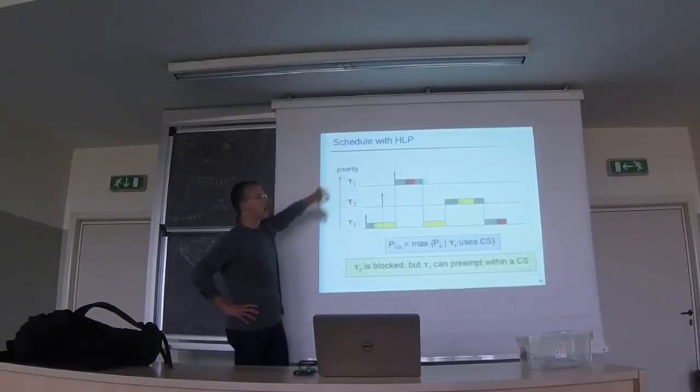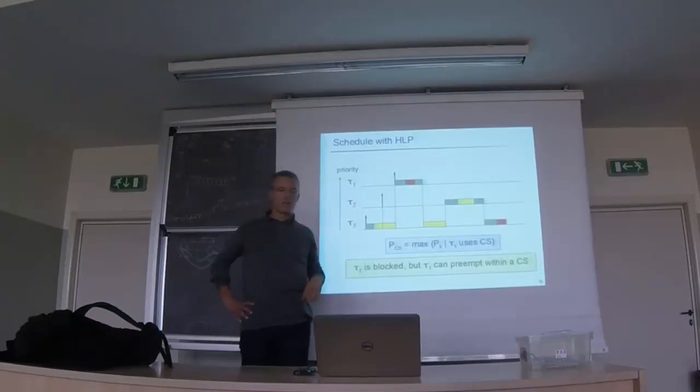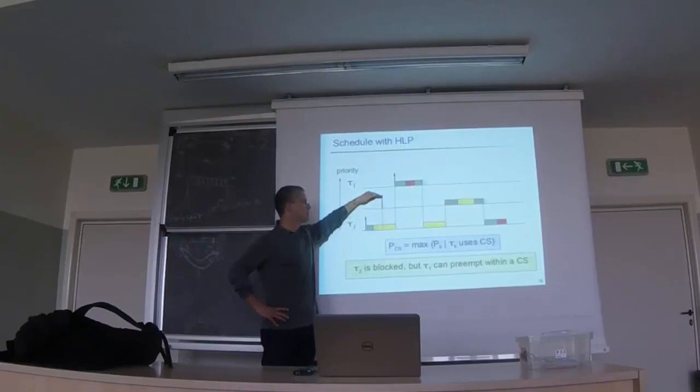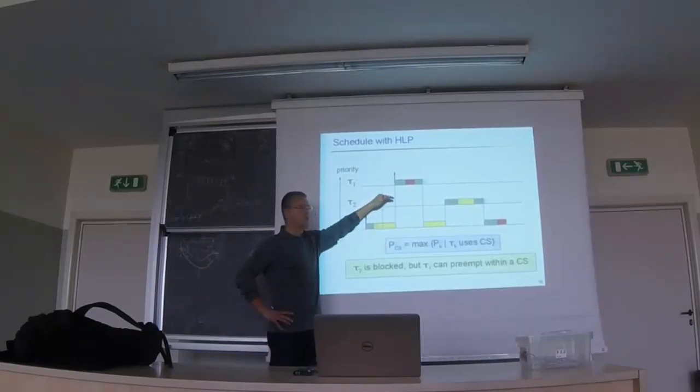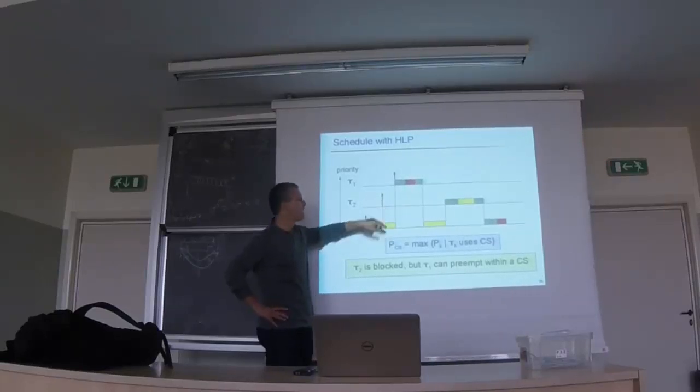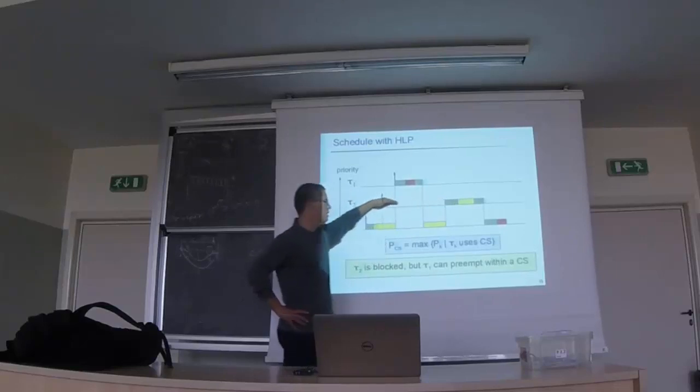In this highest local priority, it says, as soon as you access a shared resource, increase your dynamic priority to the priority of the task with the highest priority among the ones that access the shared resource. In this case, among the tasks that access the yellow resource, tau 2 is the highest priority one. So here my priority is raised to here.